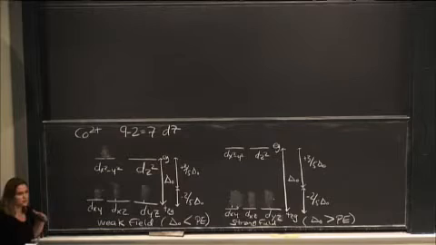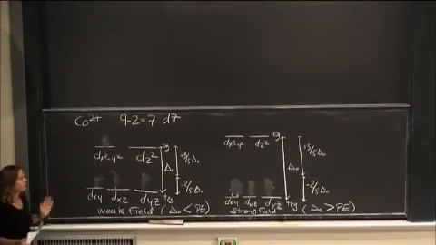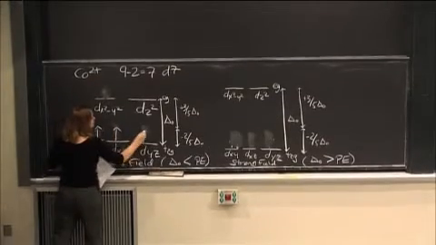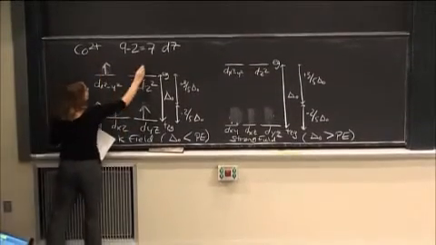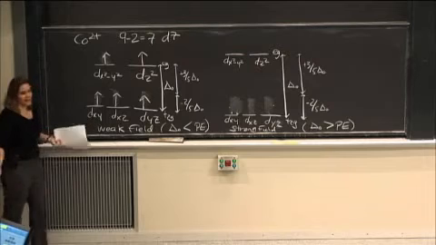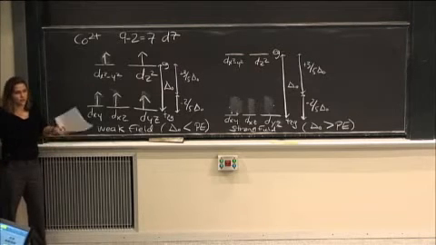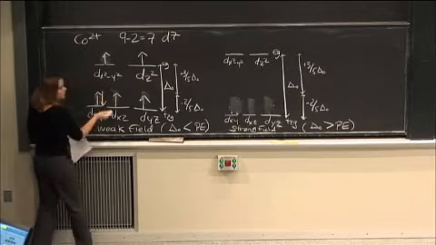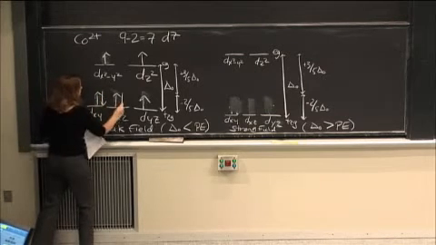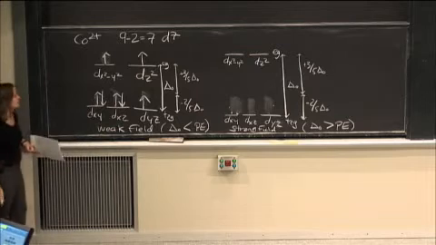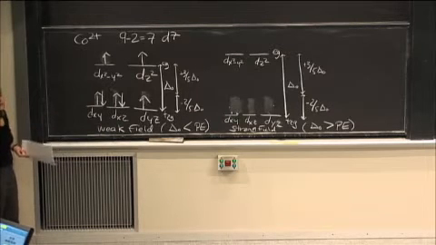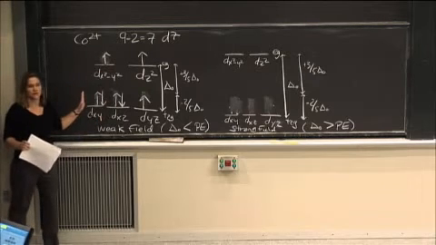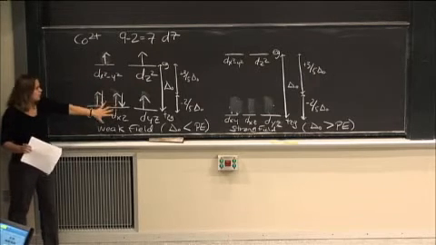So we're going to put them to the fullest extent possible before we have to pair. So we have 7. So we're going to do 1, 2, 3, 4, 5. And now we have to pair. We've used up all our orbitals. So we're going to start pairing down here in the lower energy. So that would be 6, 7. So we had no choice. We had to pair them. But because it was a weak field, we filled them all up singly first before we paired.